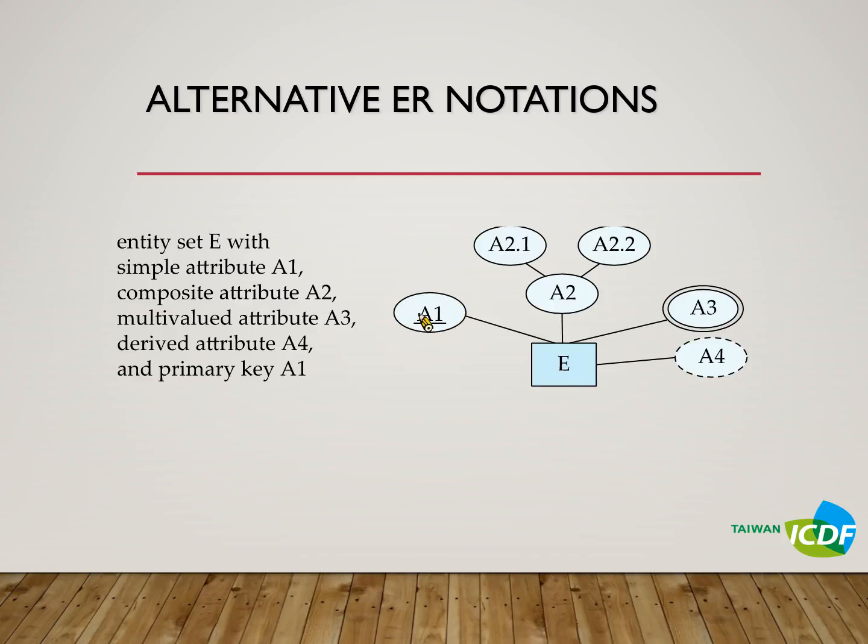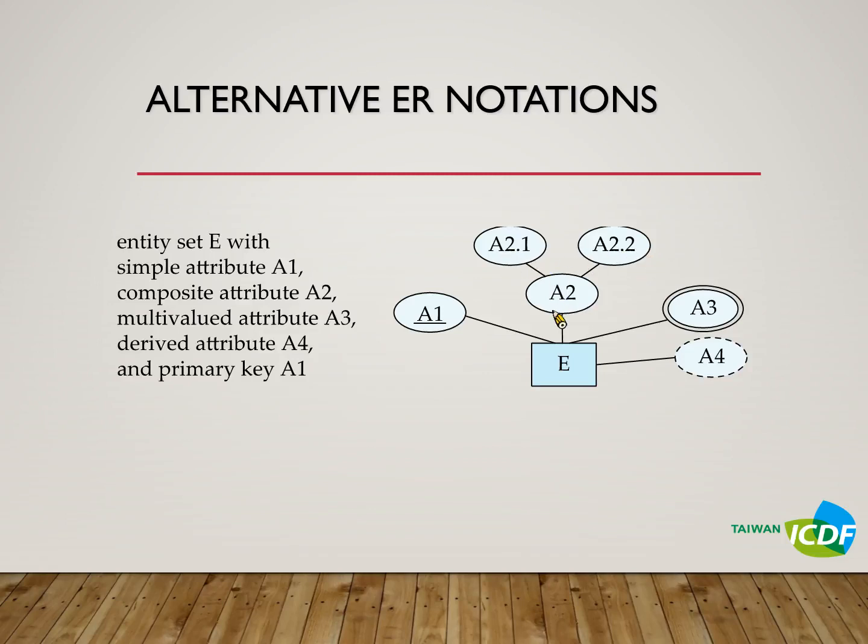Here, A1 is a simple attribute, and at the same time it is also a key attribute because this attribute is indicated by underlines. Let's move on to A2. A2 is a composite attribute which includes two elements, A21 and A22.